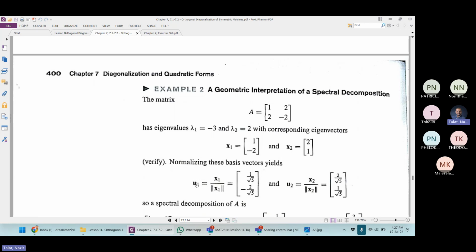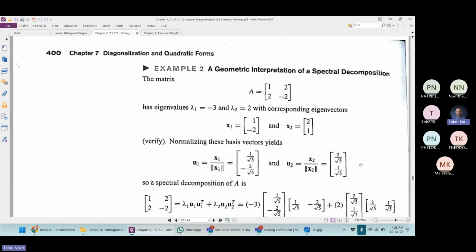Normal means we take the norm of u1, and the answer is 1. The norm of u2 is also equal to 1. And if you multiply u1 and u2, the answer is 0 because the product of these two vectors is 0. Now one can see the spectral decomposition.